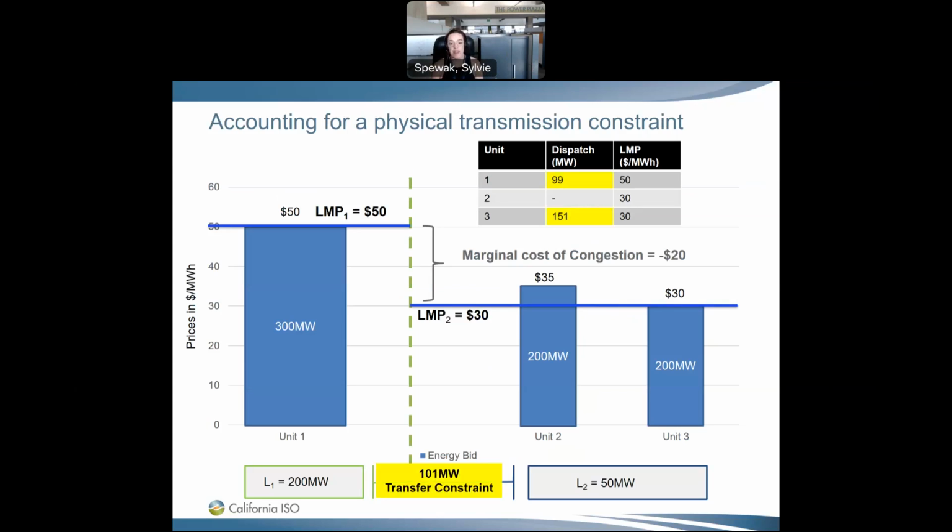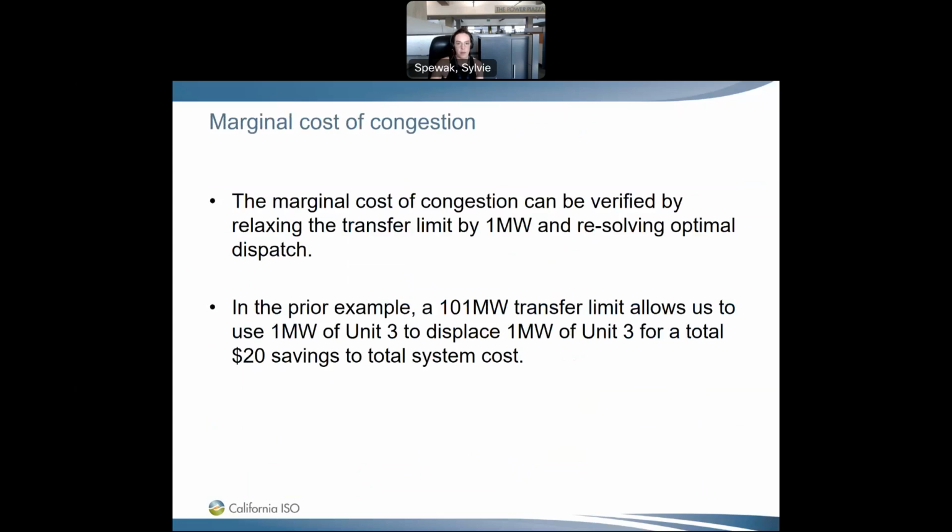And that saves the whole system $20. So your marginal cost of congestion in this example is going to be $20. And I've summarized that here for you. The marginal cost of congestion can be verified by relaxing the transfer limit by 1 megawatt, and then we resolve optimal dispatch and see what that saves to the system.